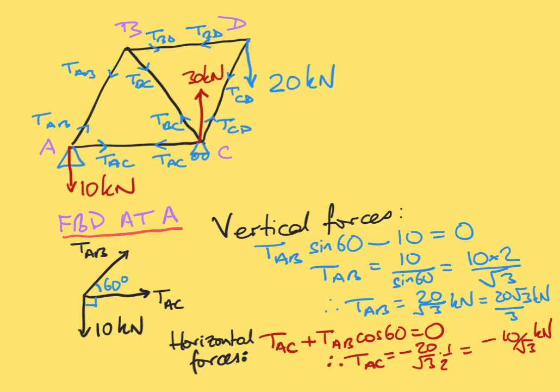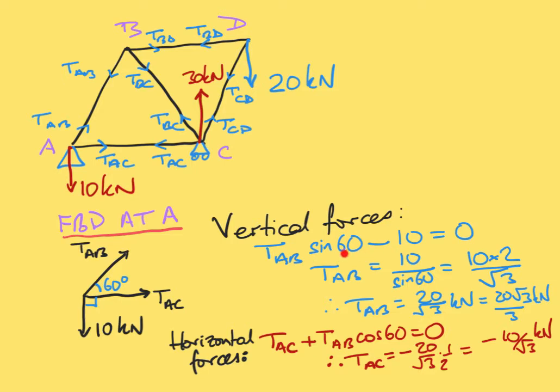Vertical forces first, because this has a vertical component and this is known. So it's going to give us a nice simple equation. The vertical component of TAB is either TAB times the cosine of 30 or TAB times the sine of 60. That's the same thing.